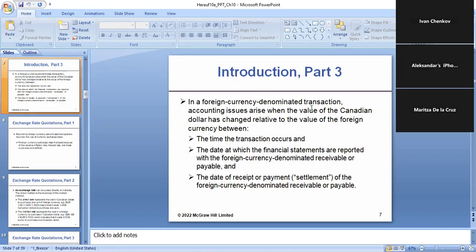We record the transaction on the financial statements on the day the transaction happened for the purchase, and then we record the payment when it happens. If those two transactions happen on different days, we're going to have a difference in the denominated currency, which in this case is the Canadian dollar.